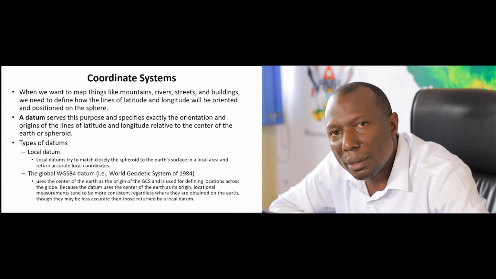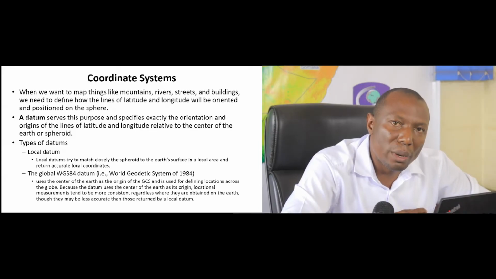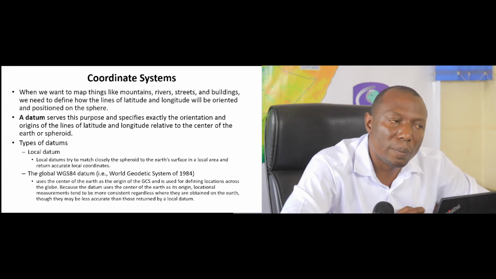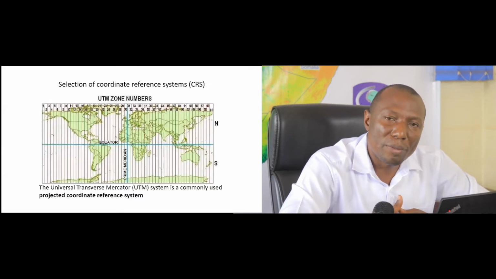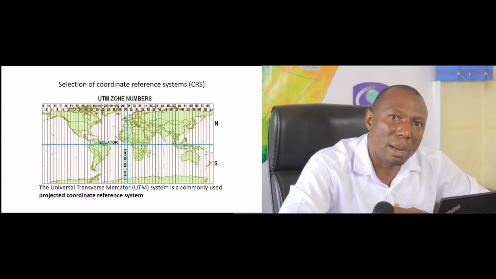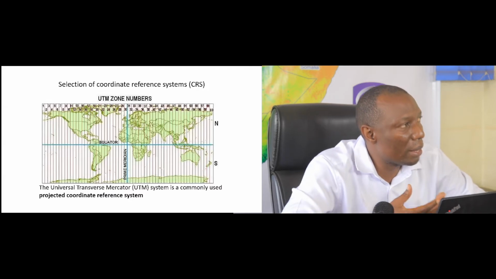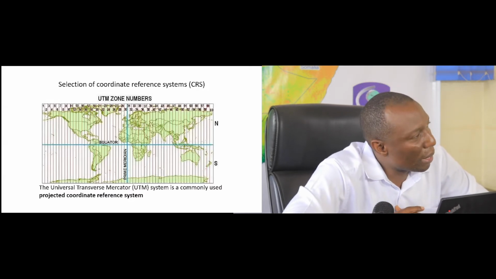If I'm in Nairobi, the zone is 30. So this zone is very critical if you're dealing with country-specific datasets. As I said, why do we prefer to use meters? We want to know the measurements, we want to have accurate scales, but then at country level, we refer to the UTM zones. These zones will be handy as we come to the practical bit.